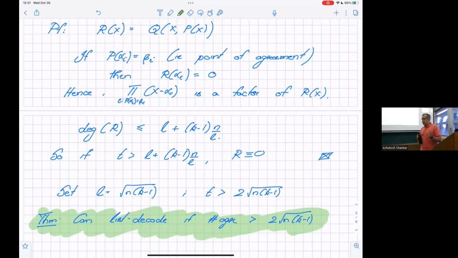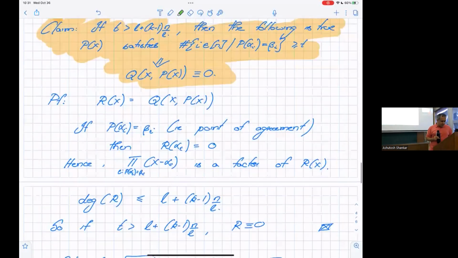So this was just a gamble. We compared with the Welsh-Berlekamp algorithm, asked if we increase the degree, can we do something? And it shows, yeah, you can do something for certain settings of parameters. So if you can get 2 times the square root of nk minus 1, there might be a choice of n and k for which this is better than n plus k by 2.